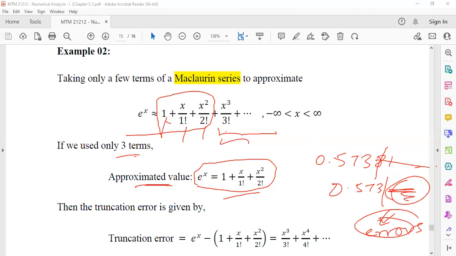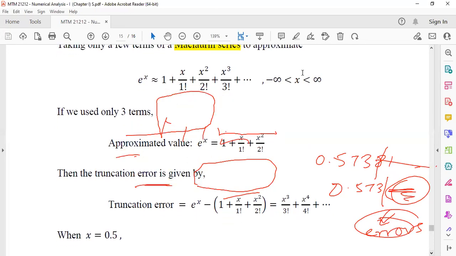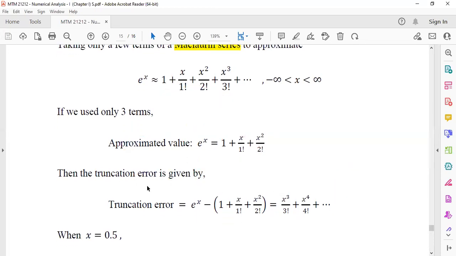Then the truncation error can be written as, okay, I'll erase this one. The truncation error is given by this minus this part. This minus this will give the next part, no? If you take all these 3 terms, this side, this is the value of our error, no?